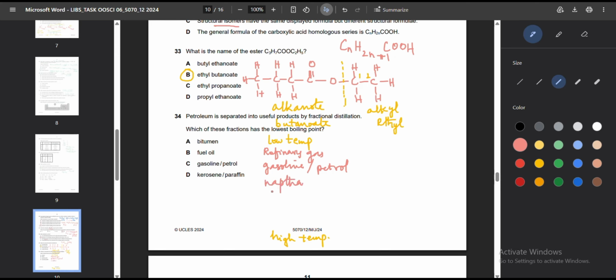The next fraction is kerosene, then the next fraction is diesel oil, then the next fraction is fuel oil, then lubricating oil, and then the bitumen.